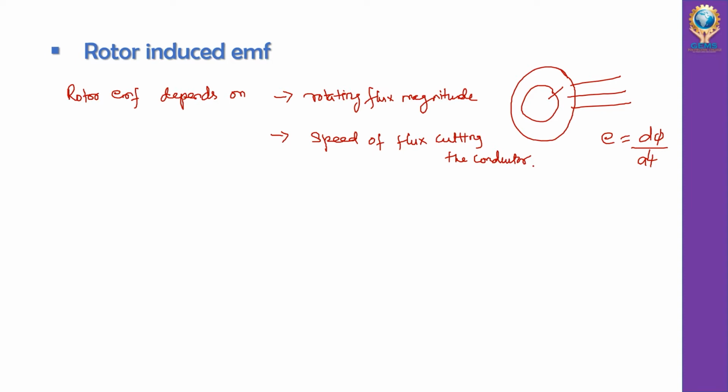These are the two things the rotor EMF production depends on. If the rotor EMF is induced, then only current will flow in the rotor conductor, because it is short circuited. Then the rotor magnetic field will be produced, so the rotor will start to rotate.